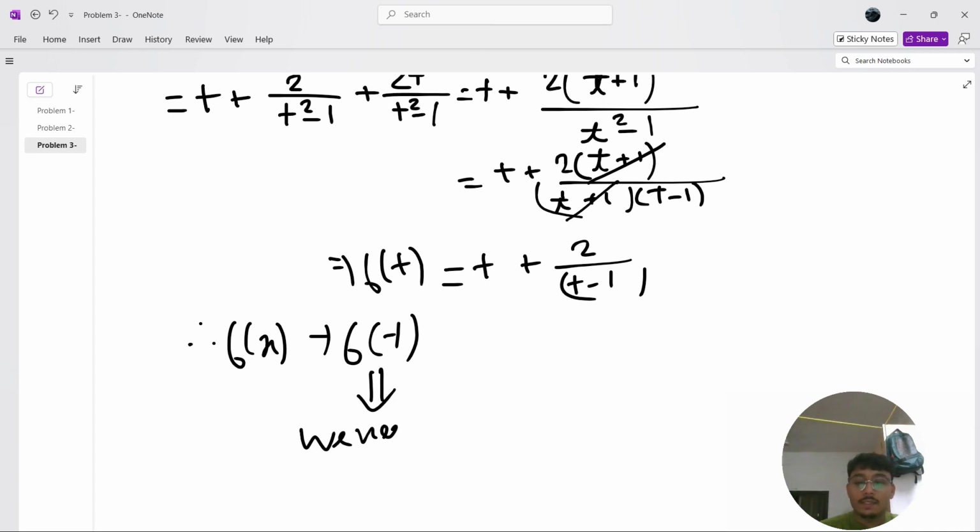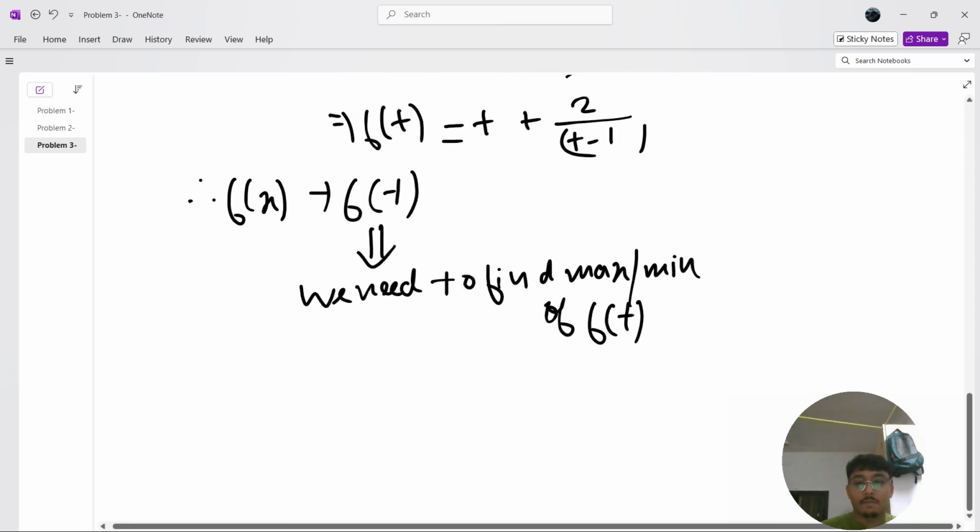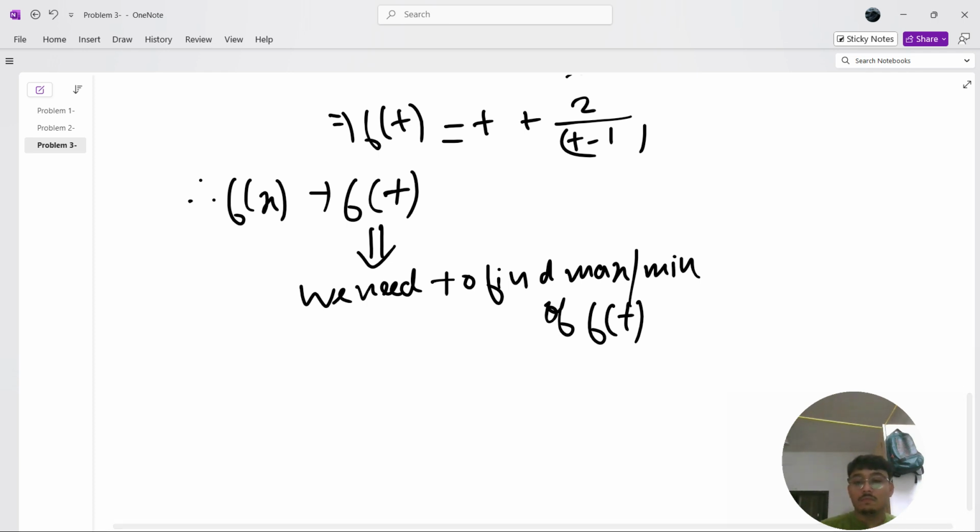We need to find the max min of f of t. So f of t is t plus 2 by t minus 1.